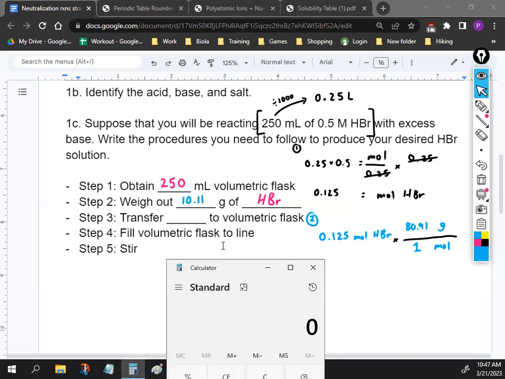Okay, so just to clarify, you just take your moles number, 0.125 right here. You multiply it by 80.91 because it's on the top of the fraction. Okay. And then that's your answer. 10.11. I rounded to two decimal places. If you want to round to 3, that's fine as well. As long as you got something around there.